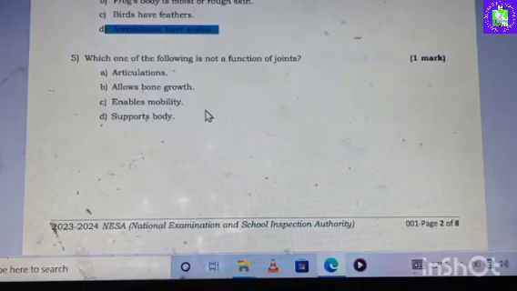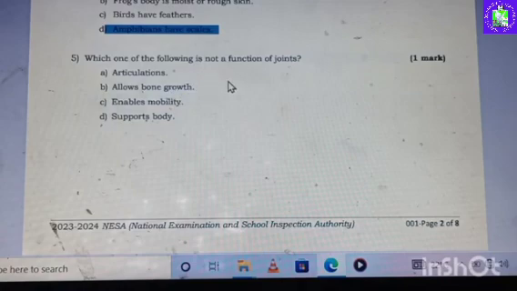Which of the following is not a function of a joint? Articulation. Yes. Allow bone growth?